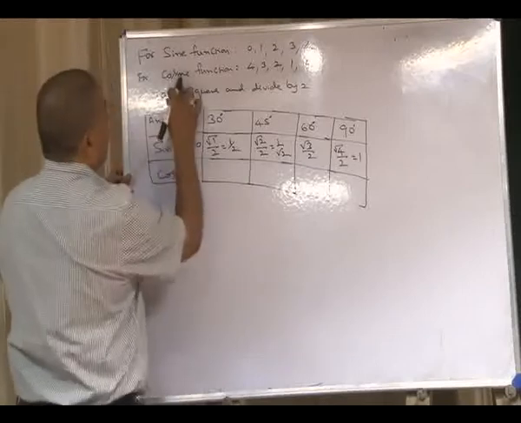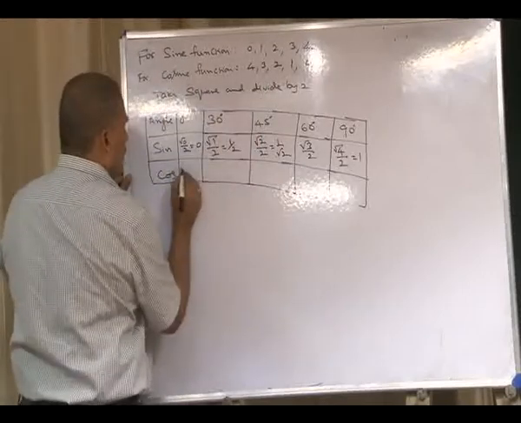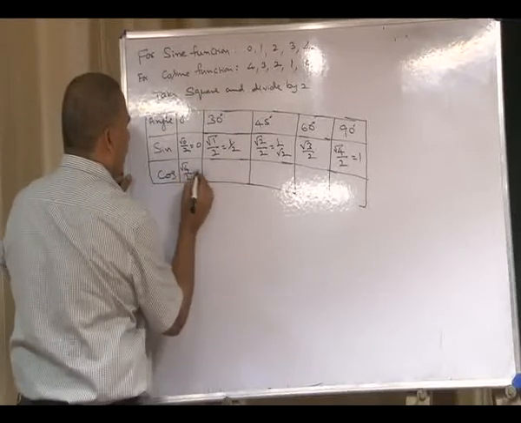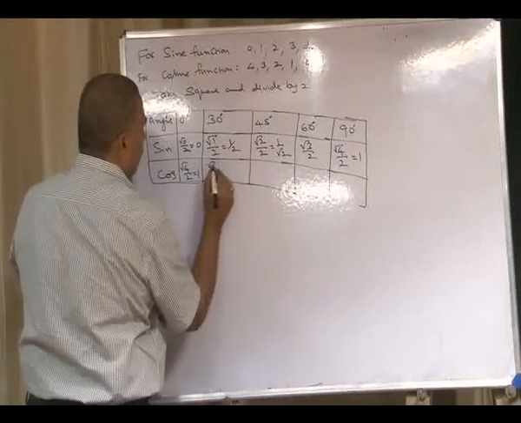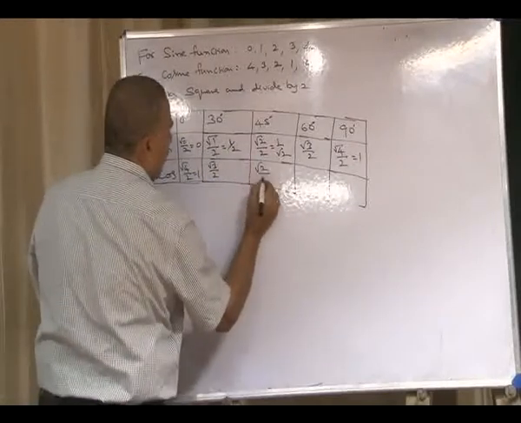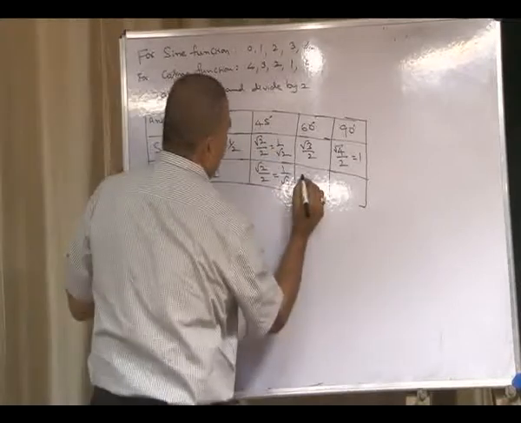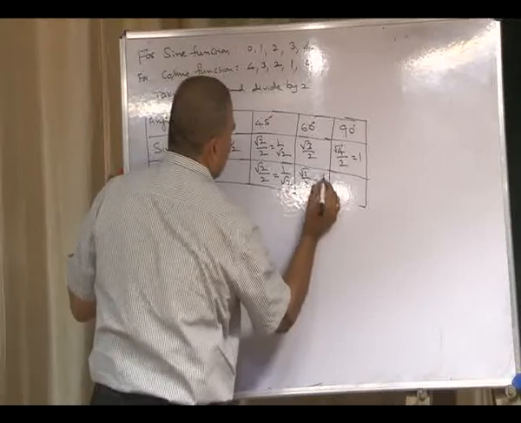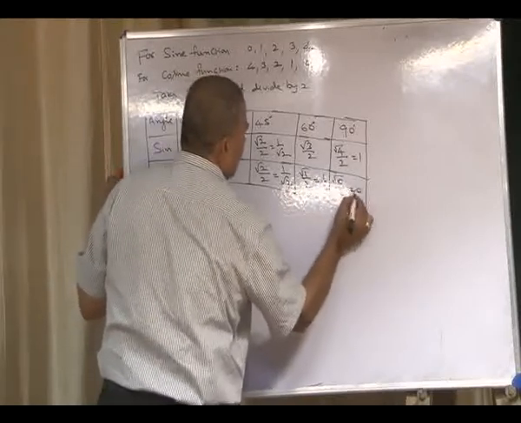For cosine function, in the reverse order: root 4 by 2 is 1, root 3 by 2, root 2 by 2, that is equal to 1 over root 2, root 1 by 2, that is equal to 1 by 2, root 0 by 2, that is equal to 0.